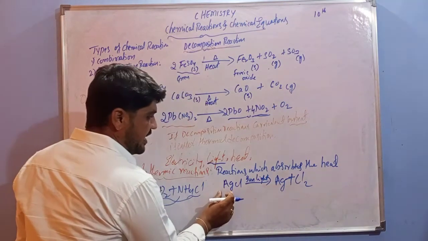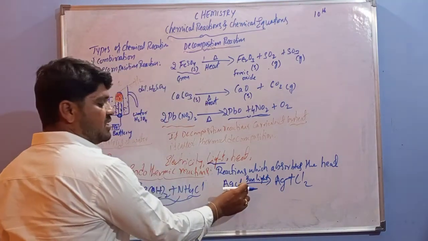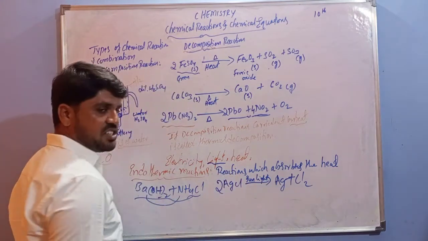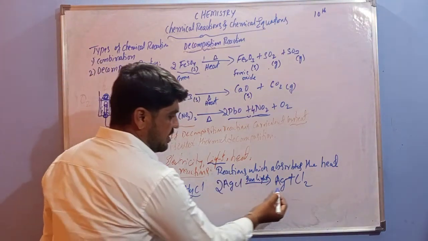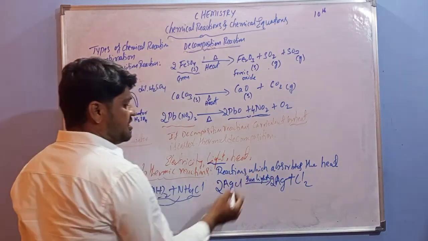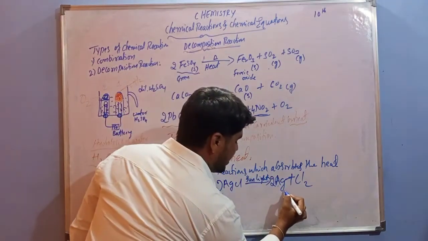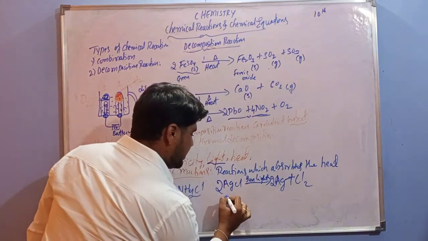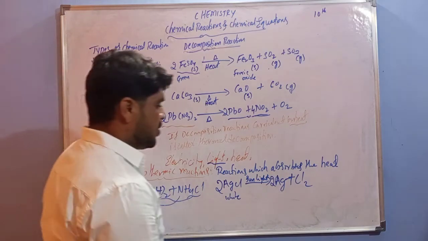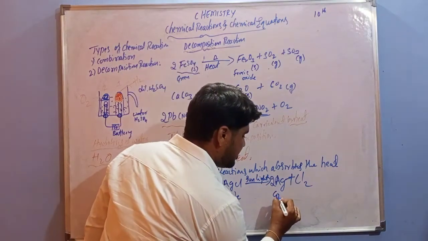Here one Ag, here one Ag, here one Cl, here 2 Cl. Because of balancing the Cl, I am taking a coefficient 2 here, 2 AgCl, here single Ag. So here 2 Ag. That's why I am taking 2 Ag here. So this is the silver metal. Especially this AgCl is a white colored compound. This silver is grey color.